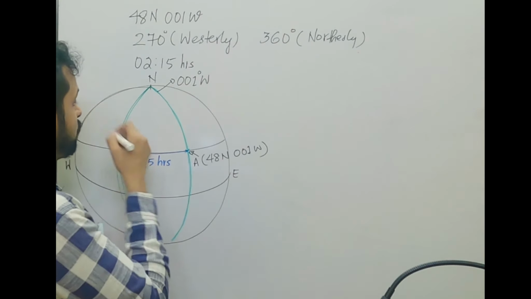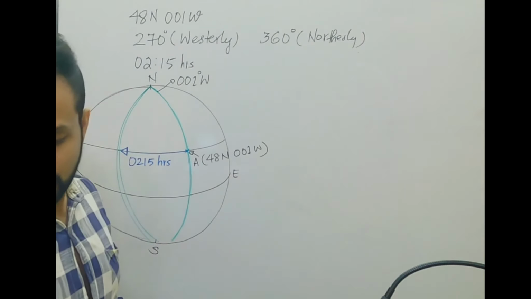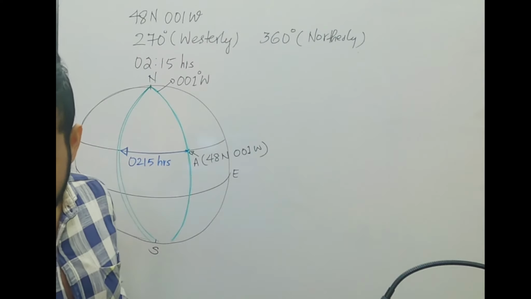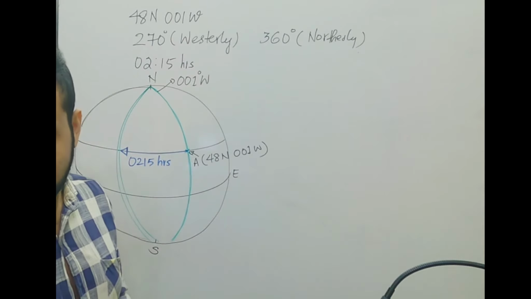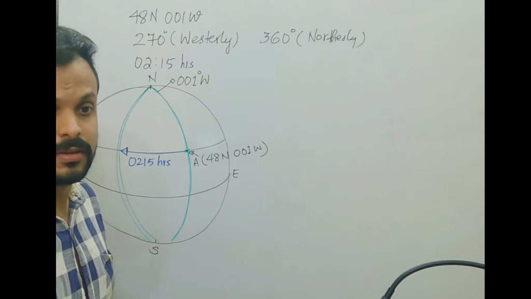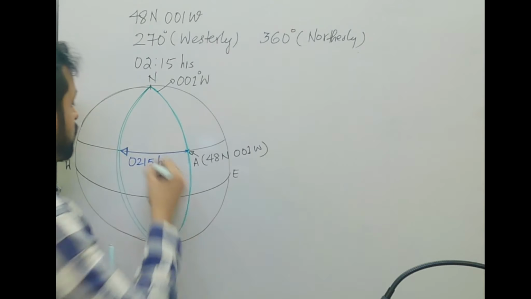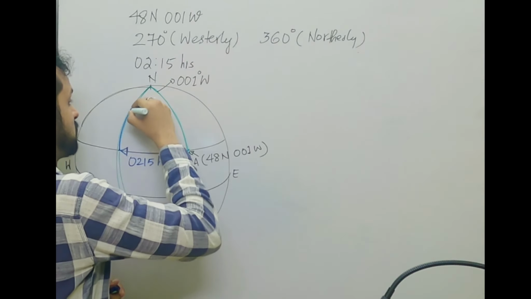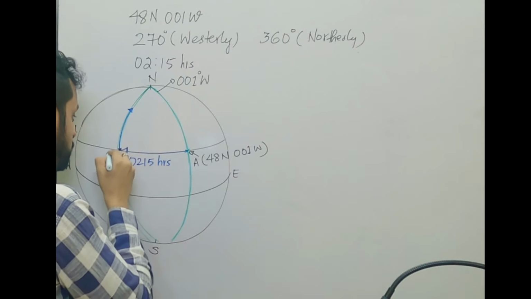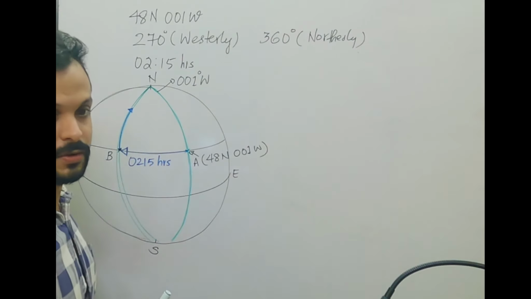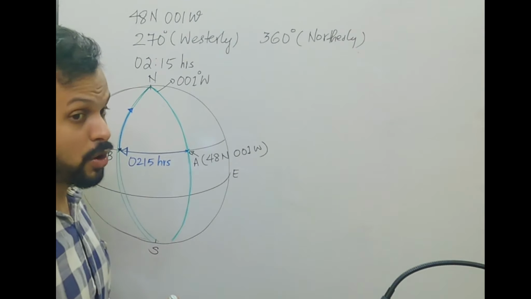Then once you reach here, you're tracking north, how long is that happening? It's not given. It's tracking 360, northerly track. So let me mark this particular point as B. And then it tracks towards 360, and we don't know how long it is tracking.